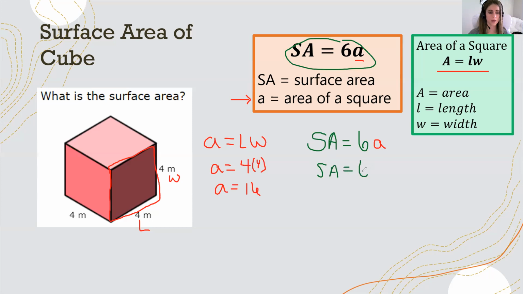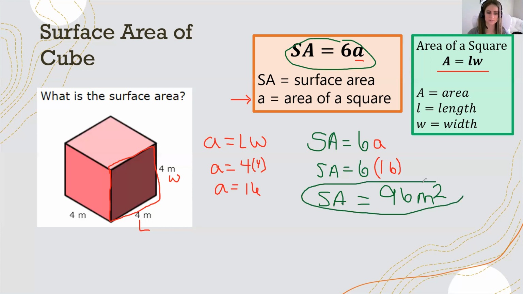Surface area is equal to 6 times 16, because that's the area of one face. And 6 times 16 gives us a total surface area of 96. In this case, our unit of measurement is meters, and because we're dealing with area, we are only multiplying 2 dimensions, because it is the outside. It would simply be meters squared.